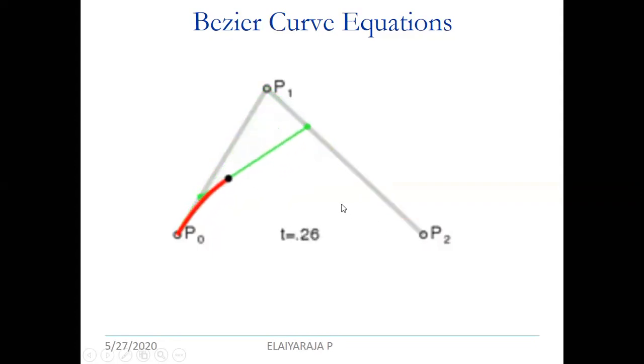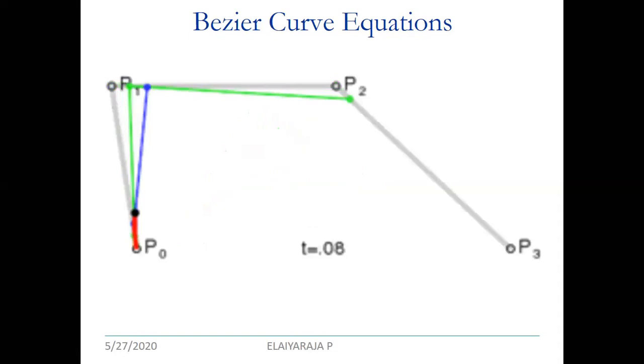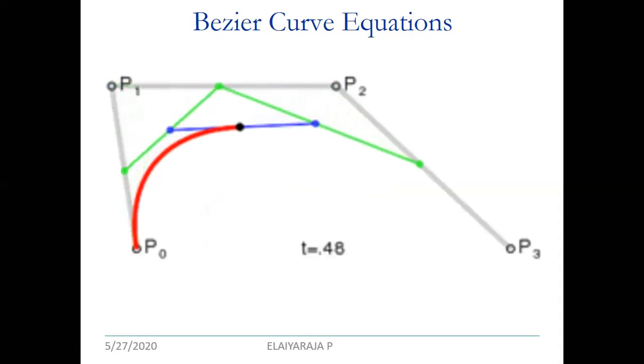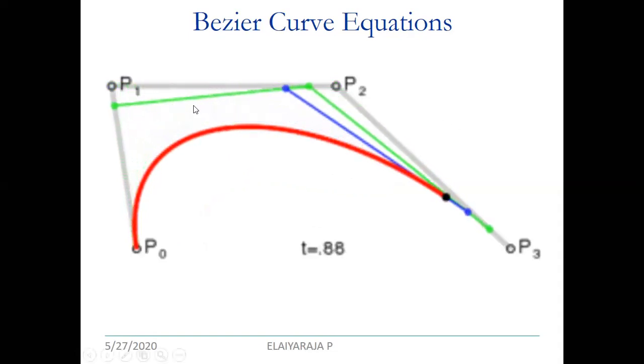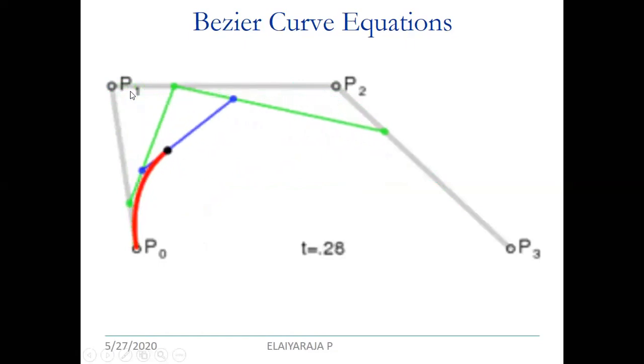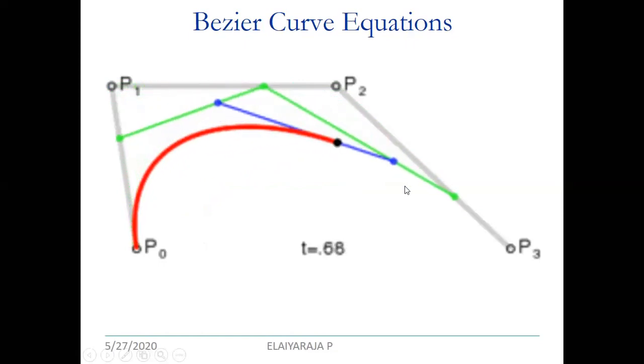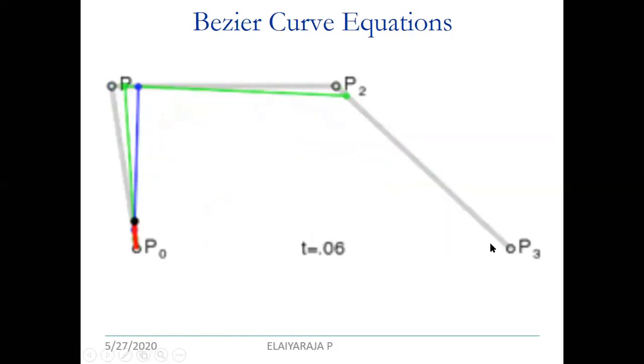This is quadratic, where how many control points do you have? You have 3 control points. So 3 minus 1, the degree of polynomial, defines a quadratic equation. So this is the example for quadratic. Similarly for cubic, how many control points do you have? You have 4 control points, P0, P1, P2, and P3.